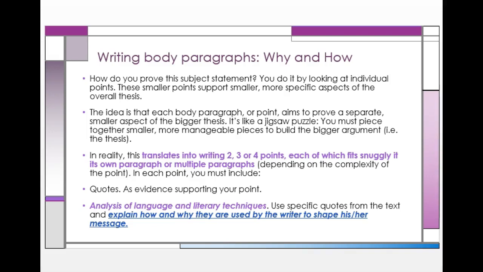You do not want to overwhelm your paper with quotes. So I would say 1 to 2 maximum in each of your body paragraphs. If you're starting to quote 3, 4 quotes throughout your essay, that's going to make your paper too quote heavy.